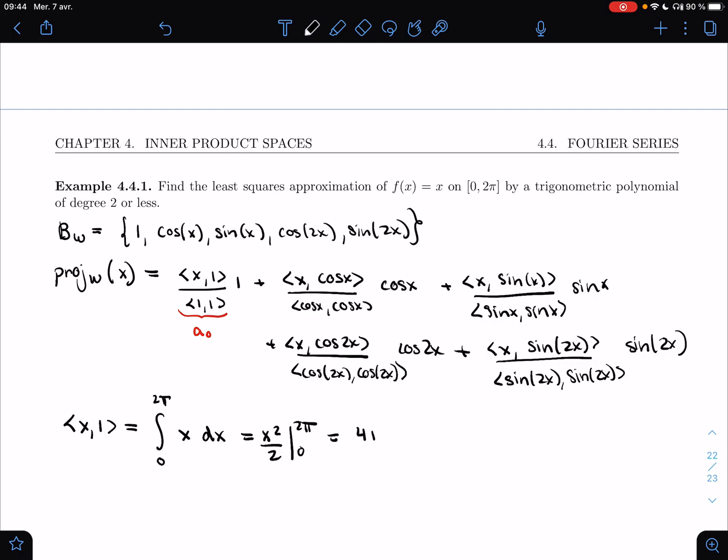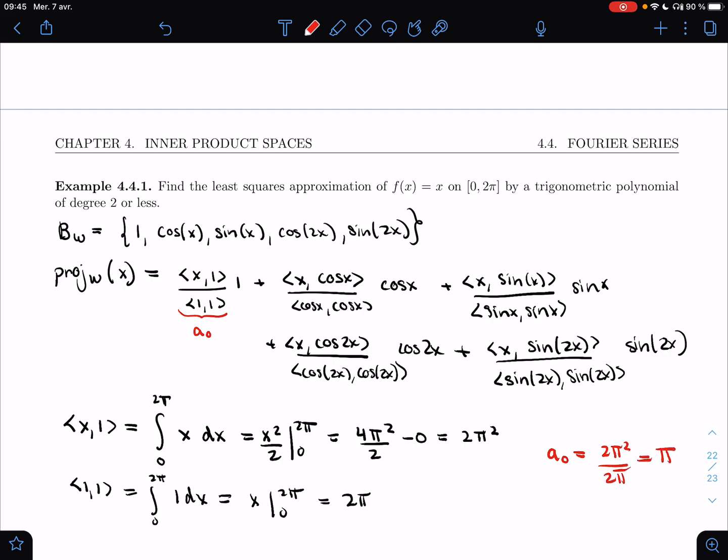So I get 4 pi squared on 2 minus 0, I get 2 pi squared. So the numerator is 2 pi squared. The denominator is the integral of 1, so that's x, and you get 2 pi. And so that gives us A0: 2 pi squared over 2 pi, and I get pi. All right, so the constant term would be just pi.